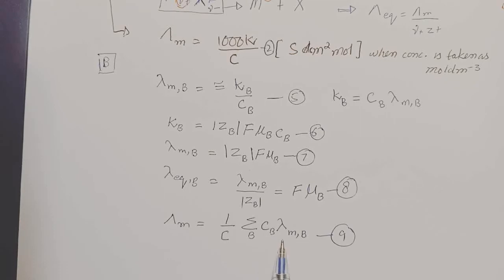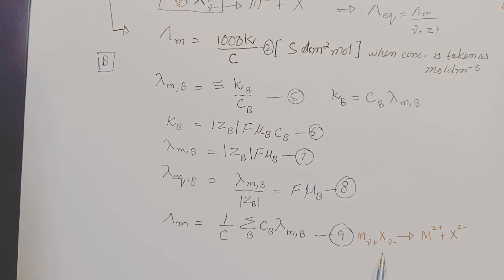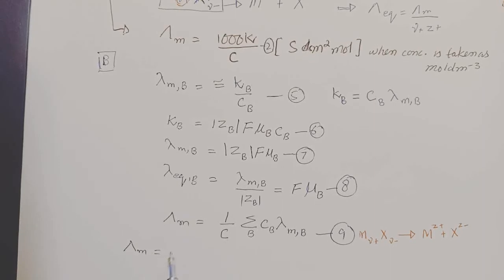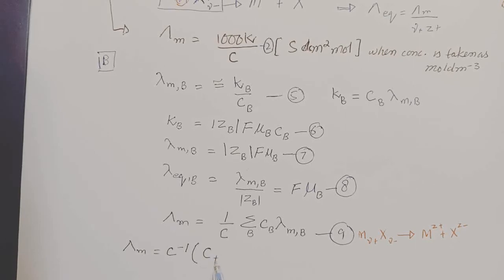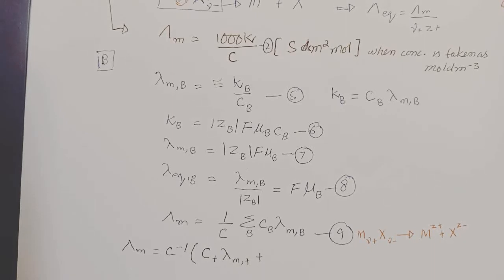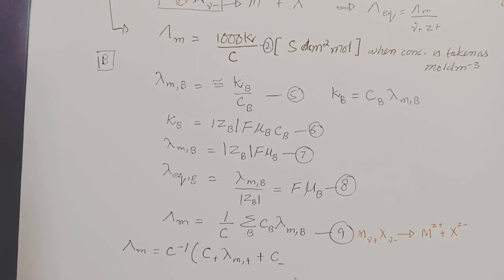For a strong electrolyte, for example M_v+ X_v-, which is completely dissociated into respective ionic species, the molar conductivity due to these ionic species will be equal to the inverse of total concentration times the concentration of the positively charged species and the molar conductivity of these positively charged ions, plus the concentration of the negatively charged species and the molar conductivity of this negatively charged species or ion.